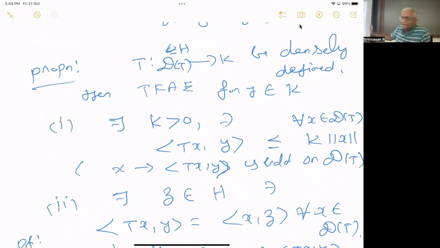So that is why the reference to K and H is important here. You have the operator T from D of T, which is contained in H. So T may not be defined on the whole of H, and it lands in K. The range of T is some subspace, but this y may come from anywhere in K. So this reference to H and K is important when you define unbounded operators.